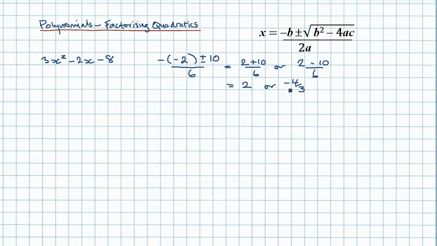But we reverse the signs to get, first of all, x minus 2, and then the second factor is going to be 3x, so we take that denominator there and turn it into a multiplier for the x, 3x plus 4.